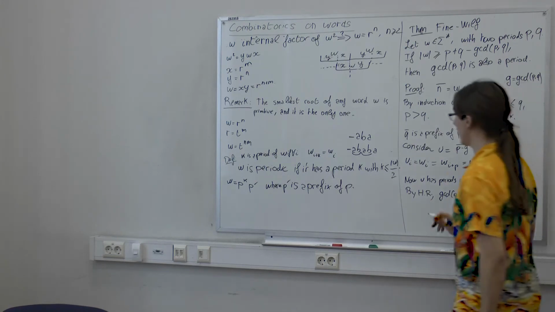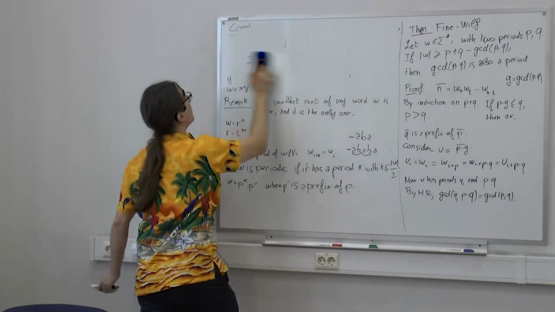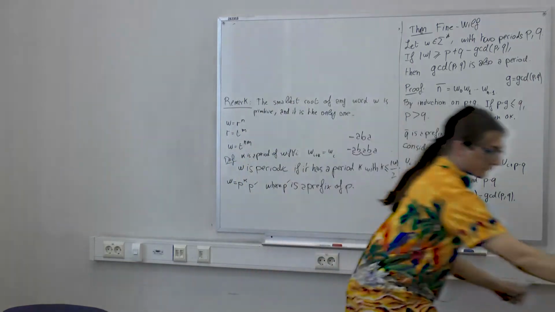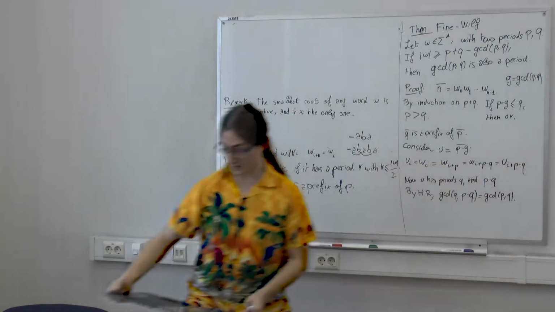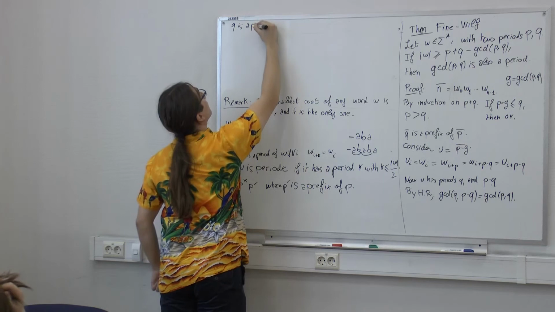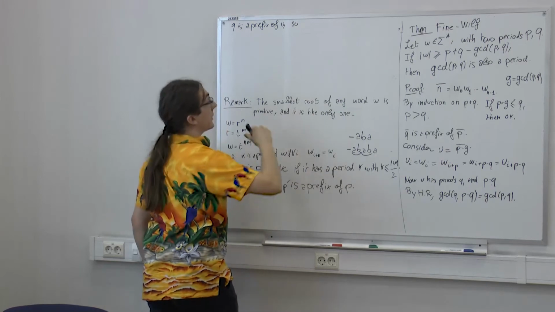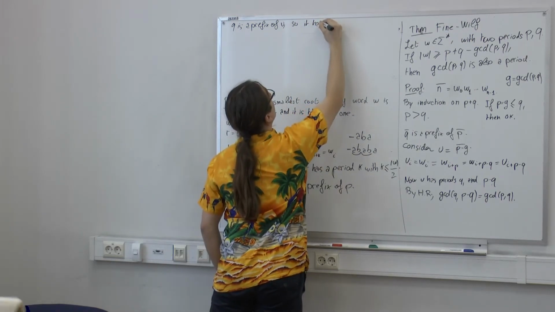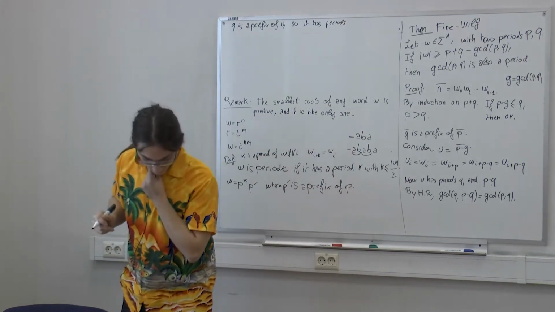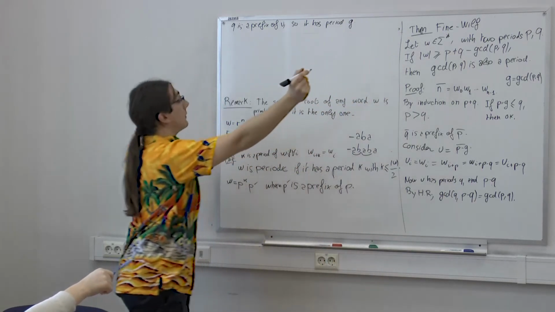So Q is a prefix of U, so it also has these periods, G. What do we denote by HR?